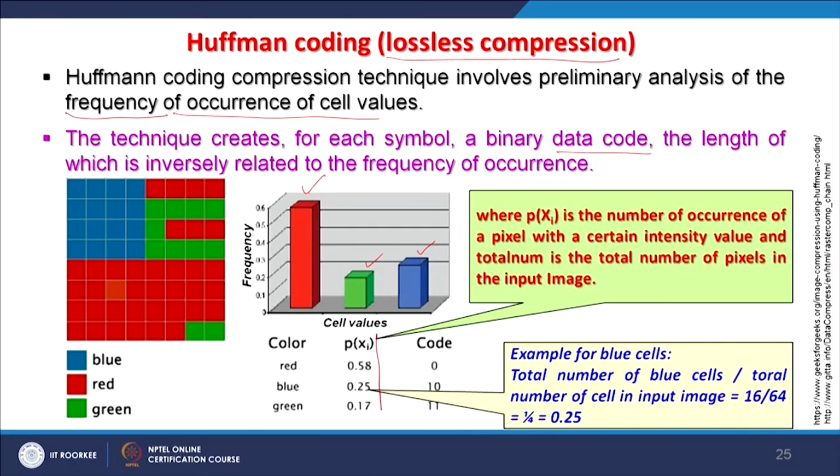For example, for blue cells, the total number of blue cells in this input image has 0.25, meaning just a quarter frequency, 1/4 of the total, and the whole image is 1. So that is why it is 0.25.